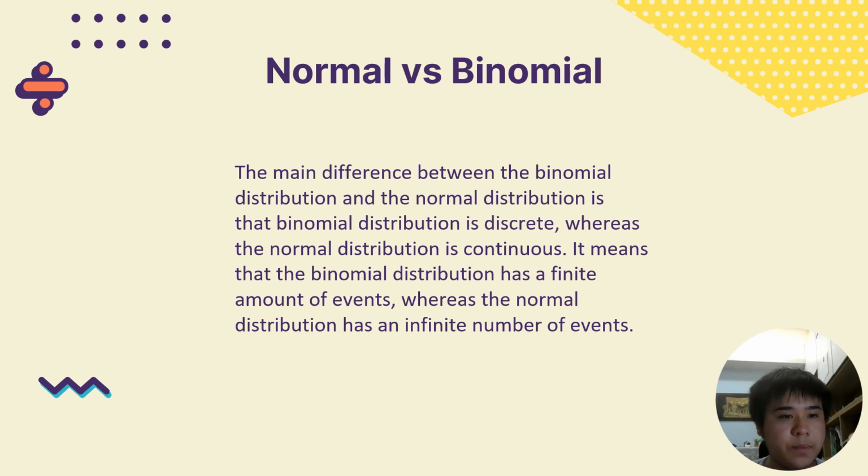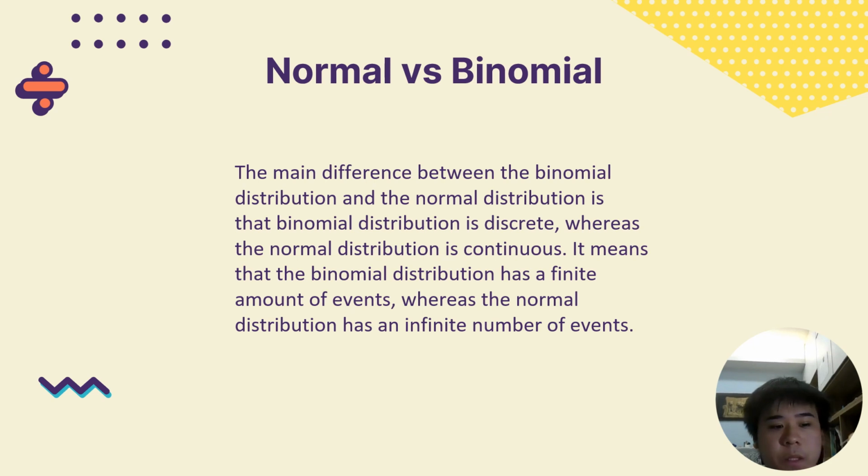Let's move on. Now, normal versus binomial. This is also important because on your AP test, you need to be able to tell when to use normal CDF, normal PDF, or binomial CDF. You need to know when to use normal and when to use binomial.